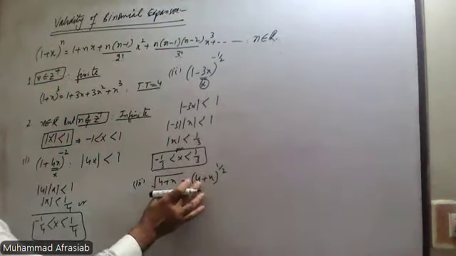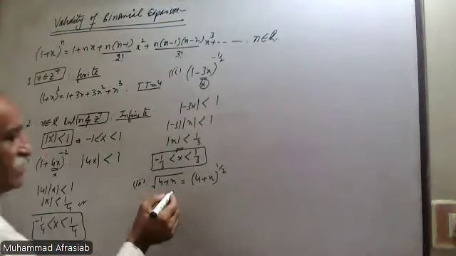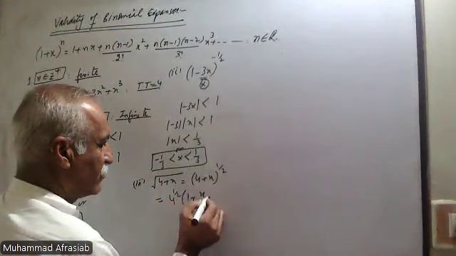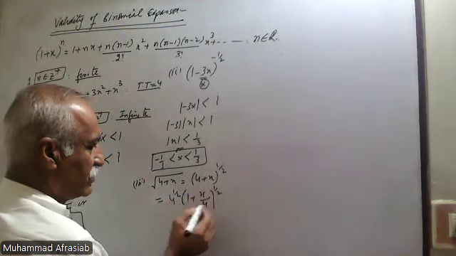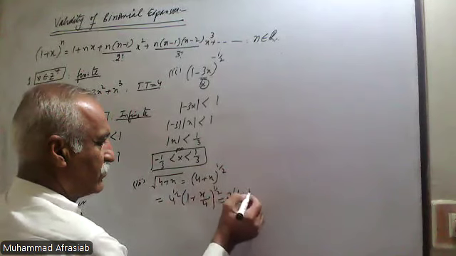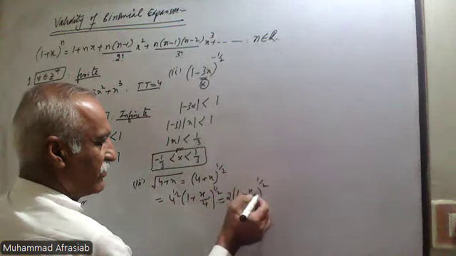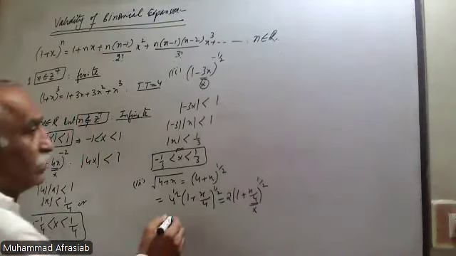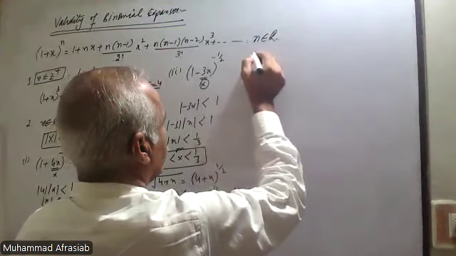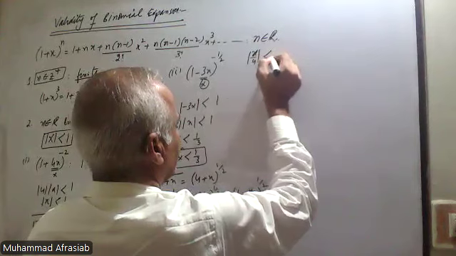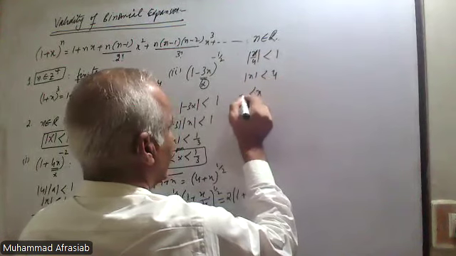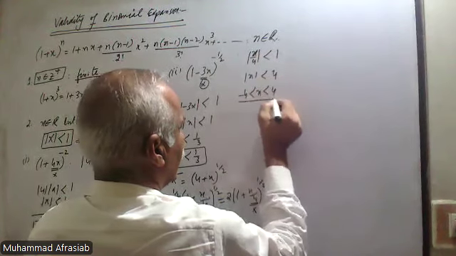It is not in the standard form (1 + x)^n, so you make it into that form. This becomes 4^(1/2) (1 + x/4)^(1/2), which is 2(1 + x/4)^(1/2). Here the x value is x/4, so |x/4| < 1, or |x| < 4, or x is greater than −4 and less than 4. This is the answer.